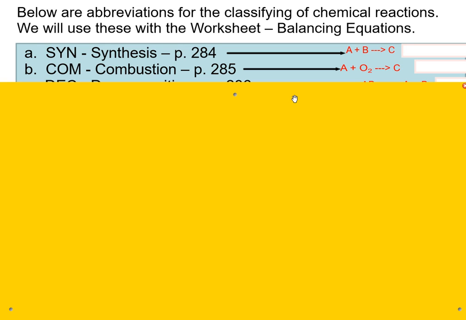You're seeing exactly the same thing going on, except we started with methane instead of just a carbon atom. Notice oxygen is on the left, and you see the CO2 on the right. If CO2 were on the left and oxygen were on the right, this would not be combustion. The oxygen has to be on the left side of the equation, or you don't have combustion.